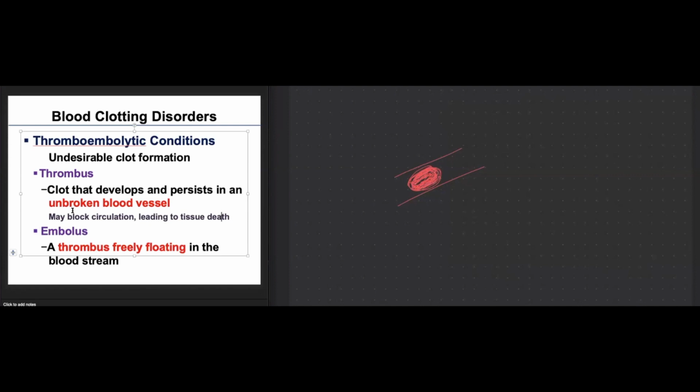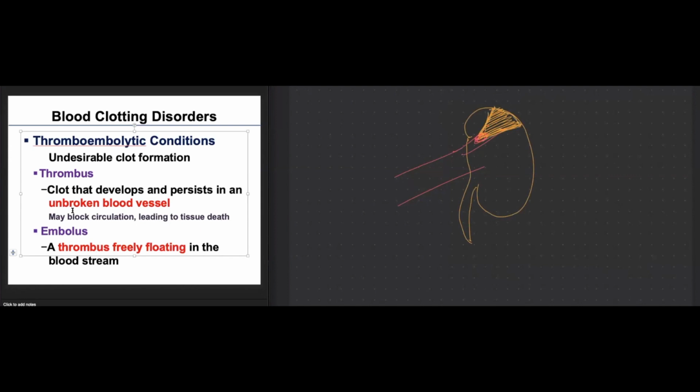Let's say here we're going towards the kidney. So the part that gets supplied by this vessel where I get the blood clot or the thrombus is going to be blocked, and I will have a wedge-shaped infarction like this. So this part of the kidney is going to be dead.